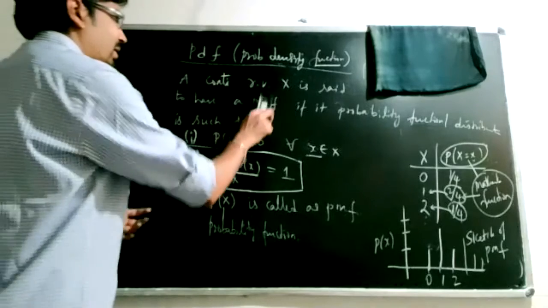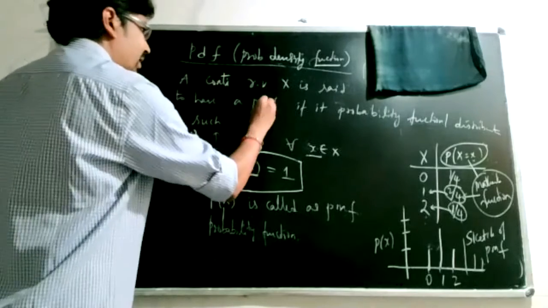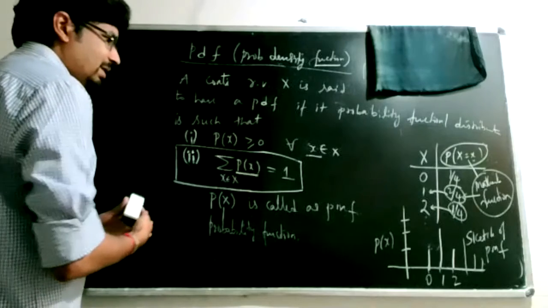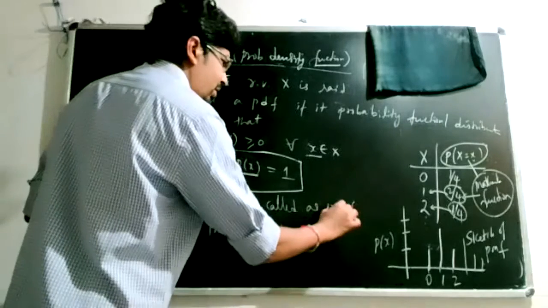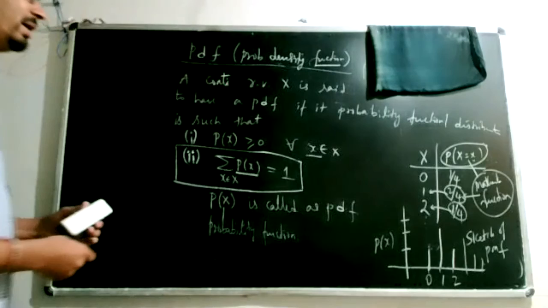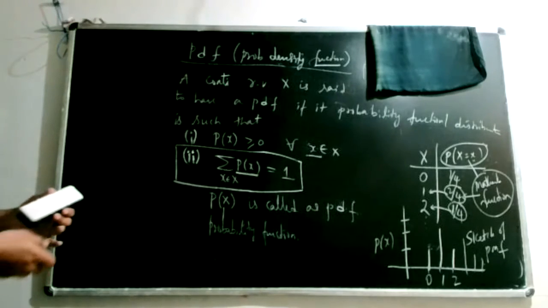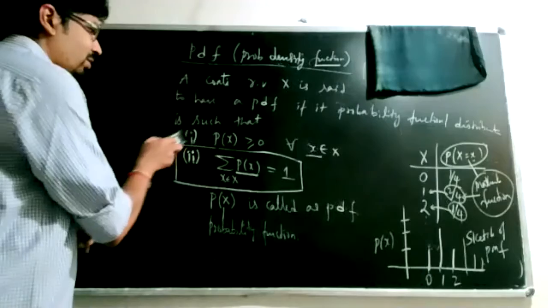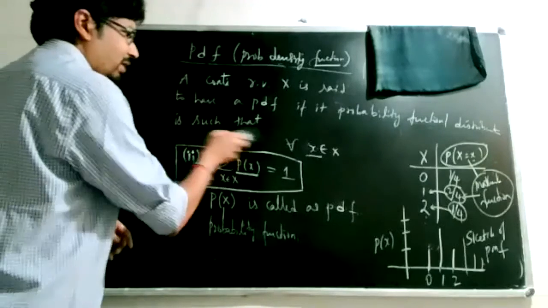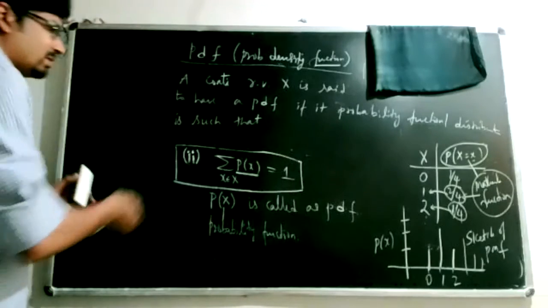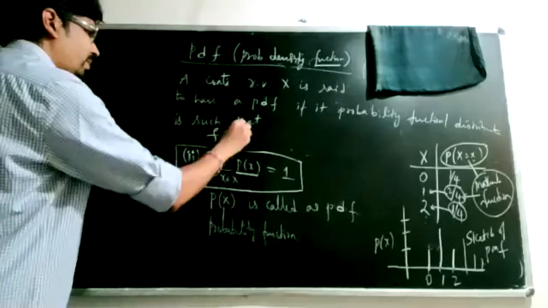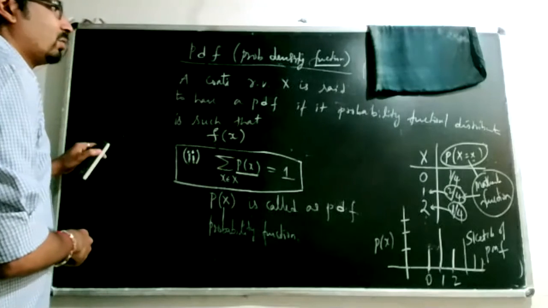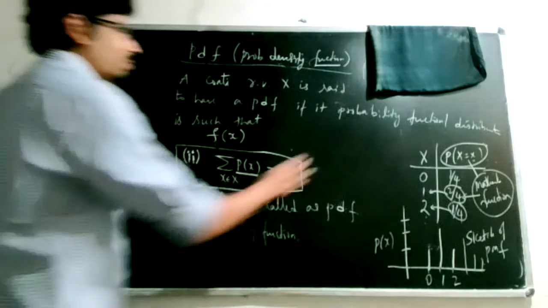In that case, the density function or the probability function is called a PDF.